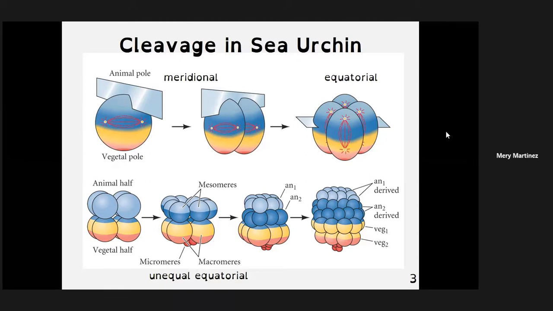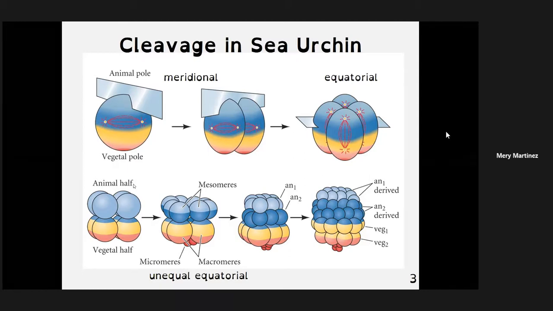Radial because it goes in angles sometimes, and holoblastic because it goes from the animal pole to the vegetal pole. The whole thing, holoblastic. Okay, meaning that it's an egg with little vitellus, right? Because that was the other trait that we defined. So it can go all the way through. And the cleavage goes all the way through the entire egg.